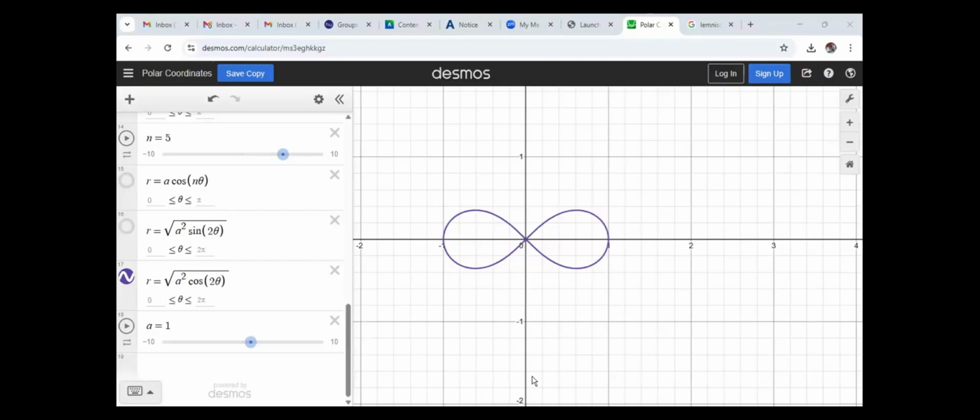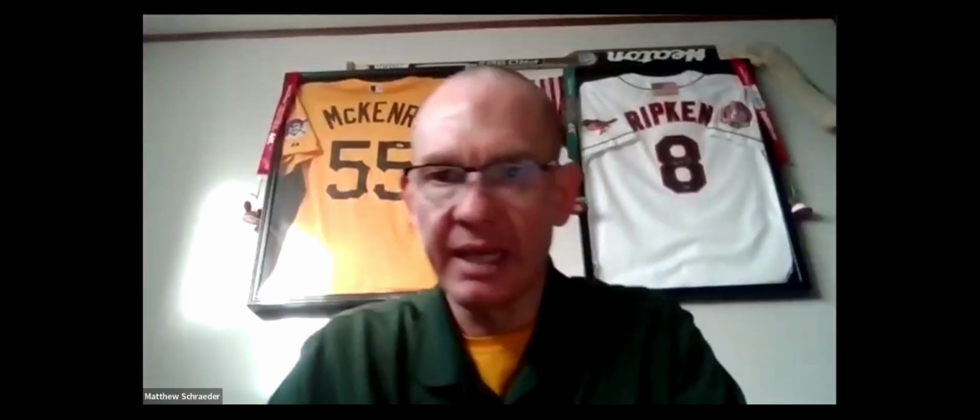So we went through a lot of different curves. Your big thing is being able to recognize the equations where they come from. And then having an understanding of how we draw these.